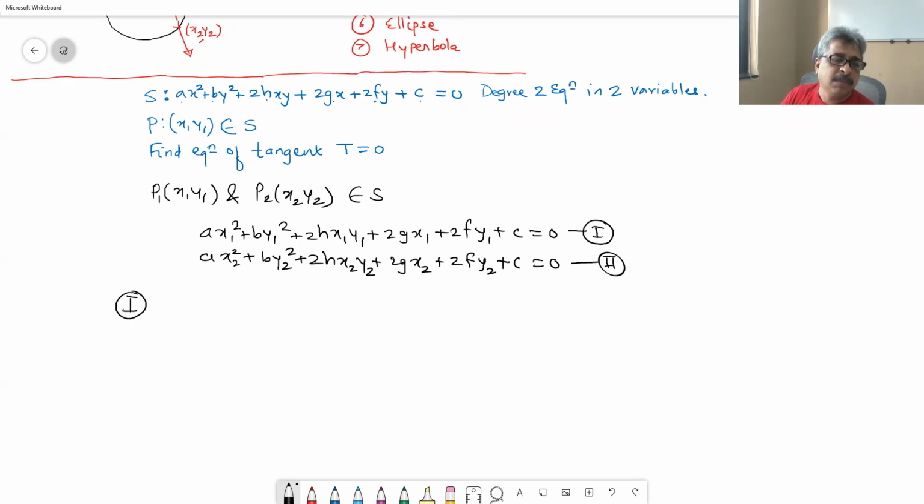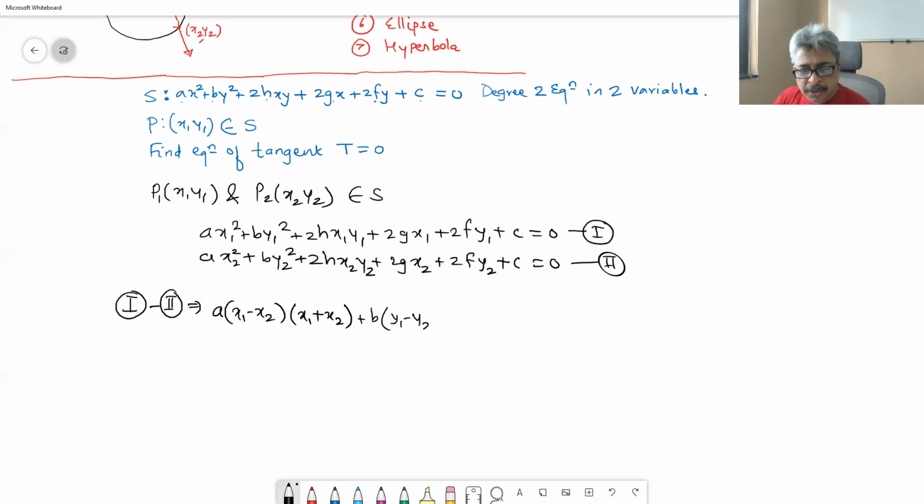1 minus 2 implies a into (x1 minus x2) into (x1 plus x2) plus b into (y1 minus y2) into (y1 plus y2).